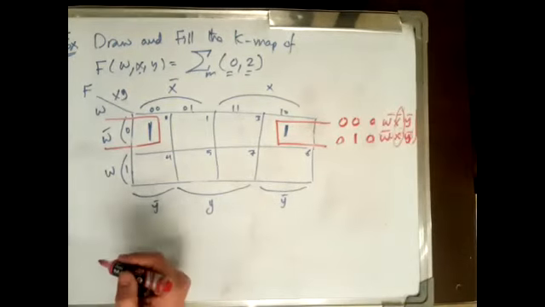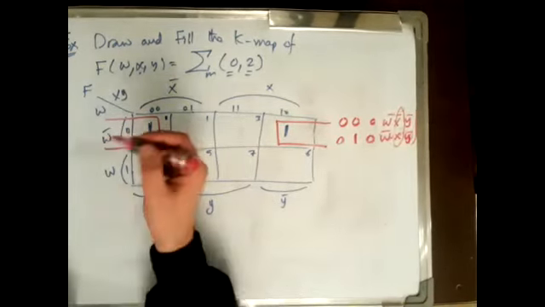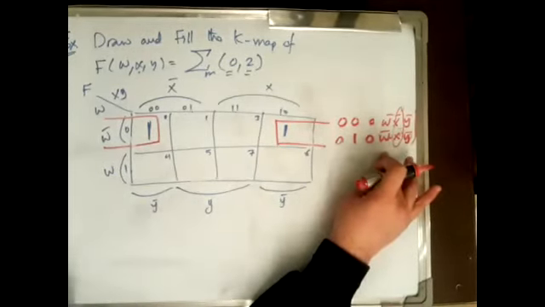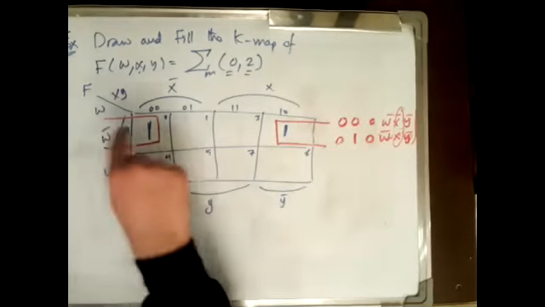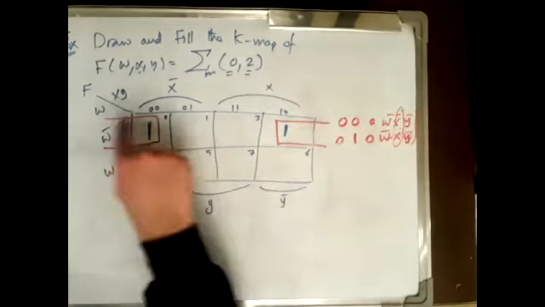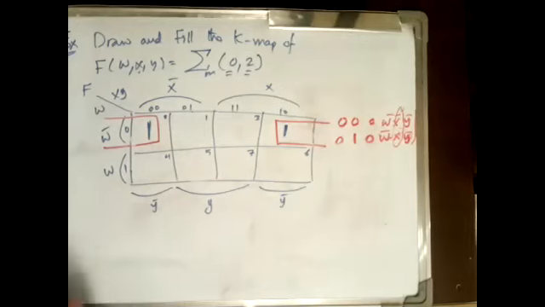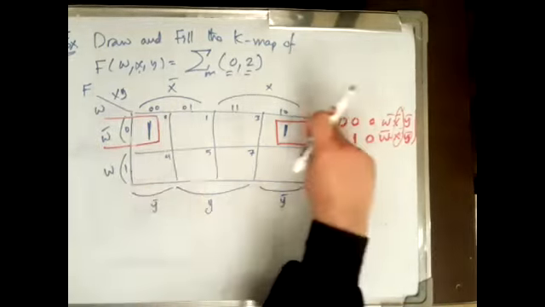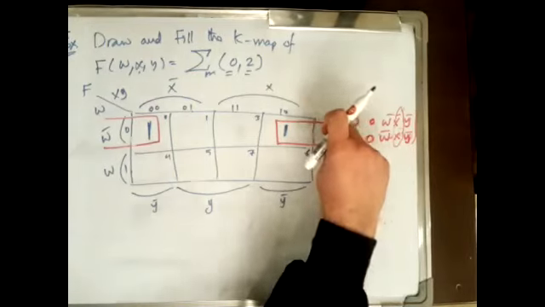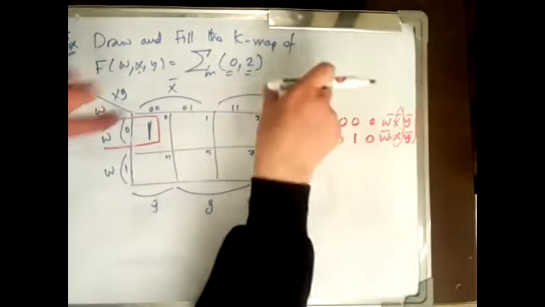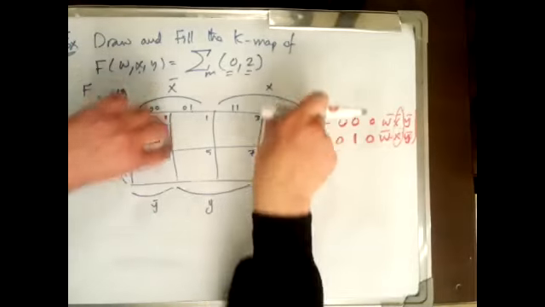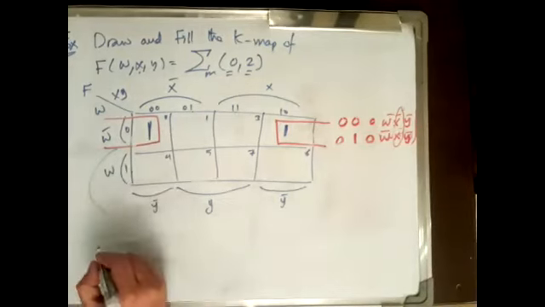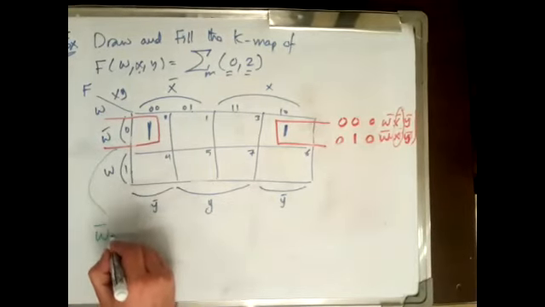So x is changing. So we take x out. And this is basically, you will come up to this mistake. You will figure out this mistake that I did here when you try to read the logic expression for the red rectangle. If I tell you where is this red rectangle located, you'll tell me it is in W bar, intersection with Y bar. So for this logic expression, it is W bar and Y bar.